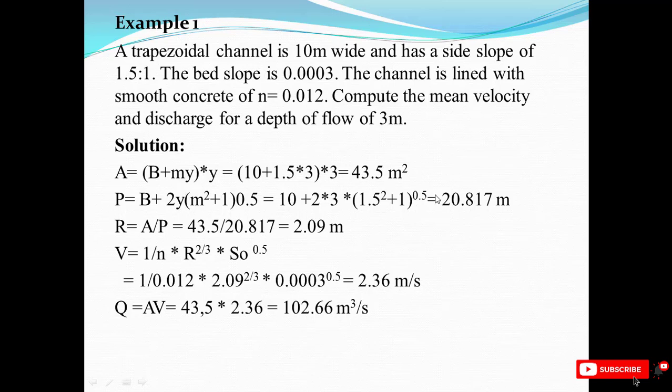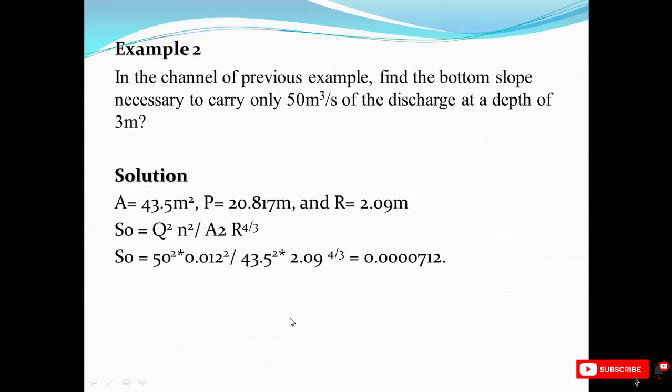A is equal to 43.5. P is equal to b plus 2y root of m square plus 1. R equals A over P, which is equal to 2.09. Apply the equation to find V, and then multiply by A to find the discharge.